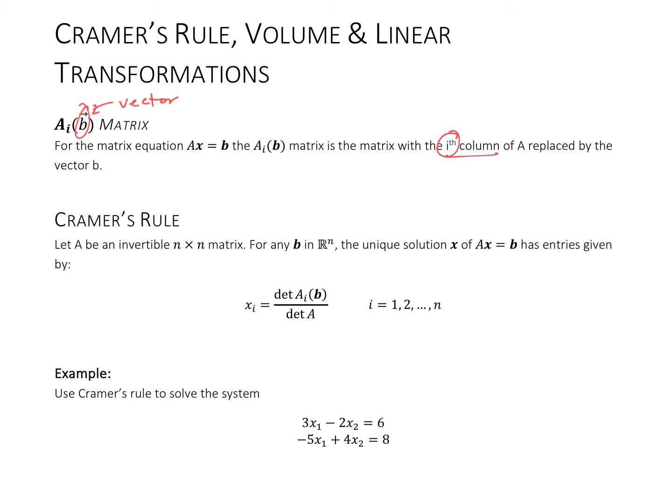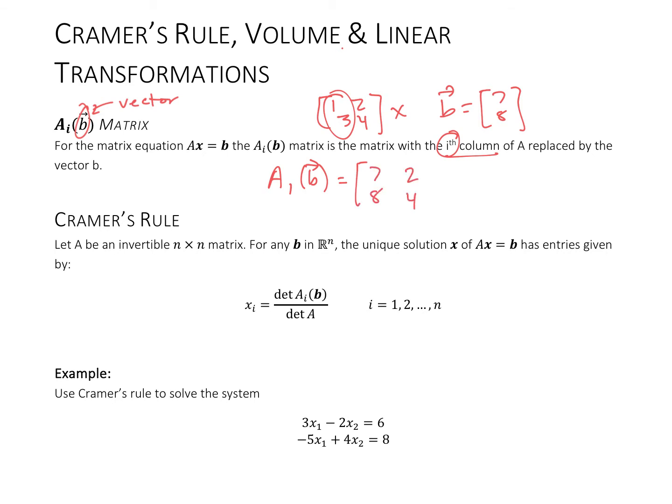So here's an example. Let A be 1, 2, 3, 4. And I don't know what X is. Let B be 7, 8. The A1B matrix would be my first column replaced by our B vector, 7, 8, and the 2, 4 stays.